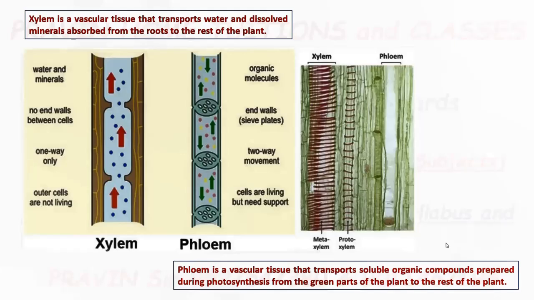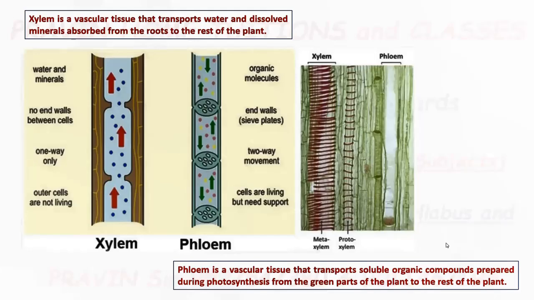Xylem is a vascular tissue that transports water and dissolved minerals absorbed from the root to the rest of the plant. Phloem is a vascular tissue that transports soluble organic compounds prepared during photosynthesis from green parts of the plant to the rest of the plant.